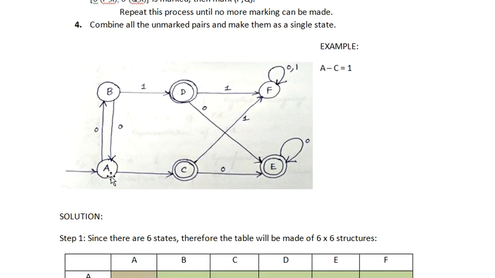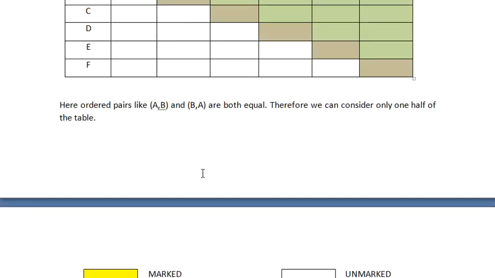Now let me take one more pair, that is AC. If we check AC, AC is a non-final final. So this is a particular part which I can take.